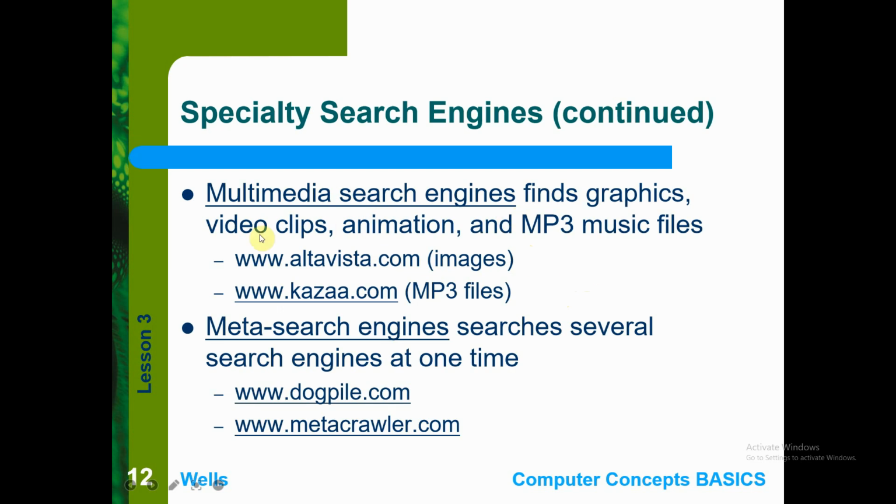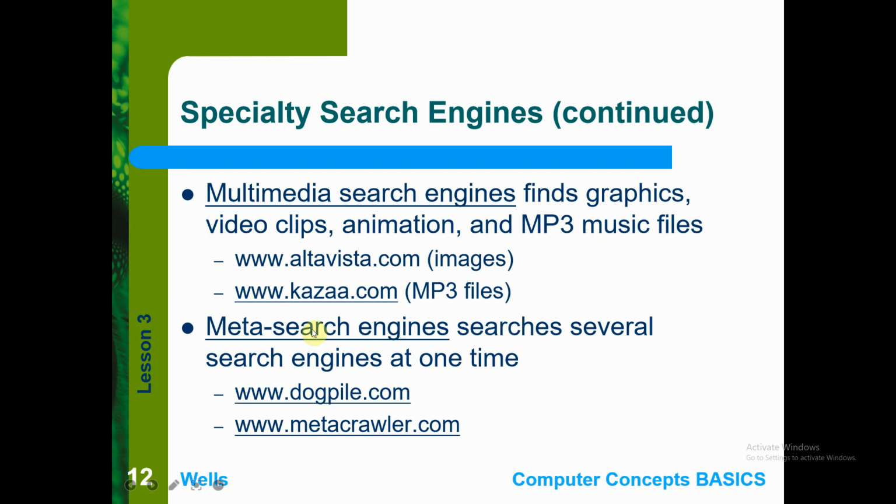Now, continuing with multimedia search engines, as I mentioned earlier, they also have graphics, video clips, animation, and music files. Before, there were AltaVista and others, not sure what they are now, but they also host a variety of image-only files and MP3 or music files only, which you can play or download depending on the license.